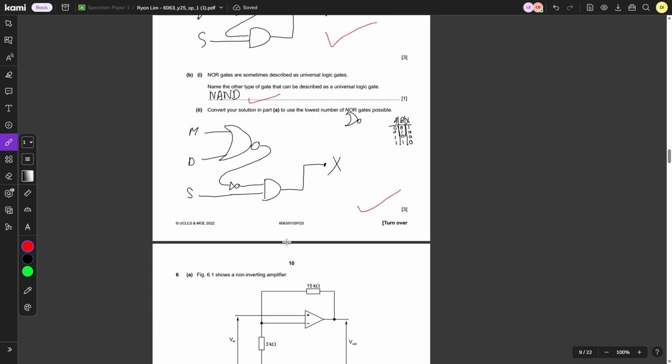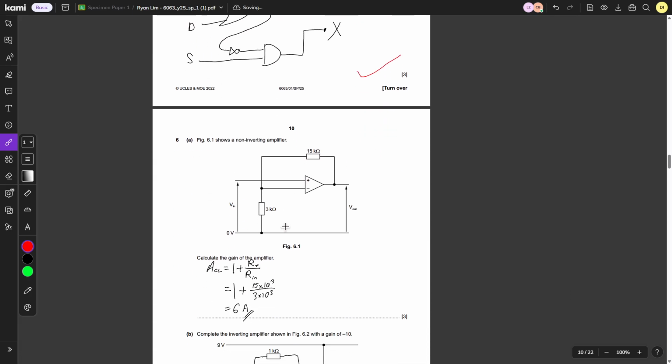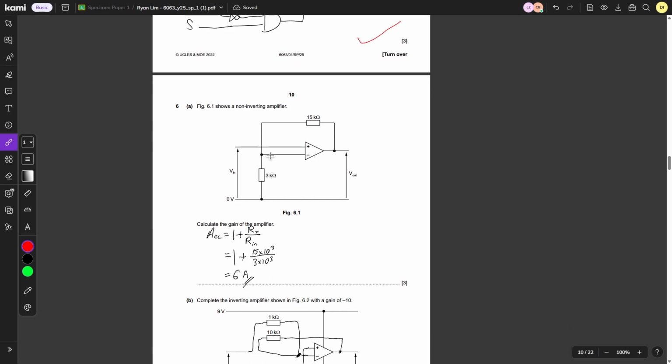Yeah, he's correct. Non-inverting amplifier. Calculate the gain. 6 amps! The gain is 6 amps, lovely. Okay, hold on. So this is a non-inverting amplifier, and this is the equation to get the gain of the non-inverting amplifier.